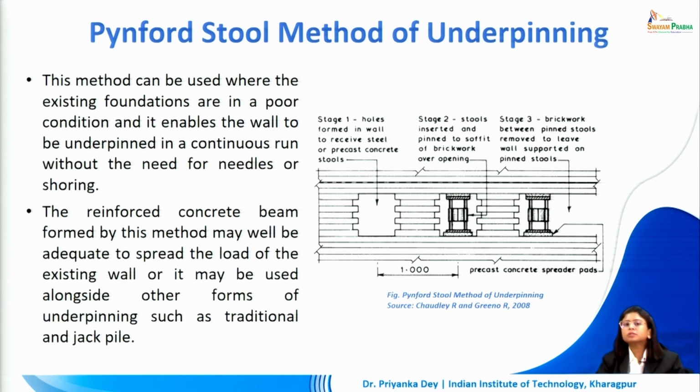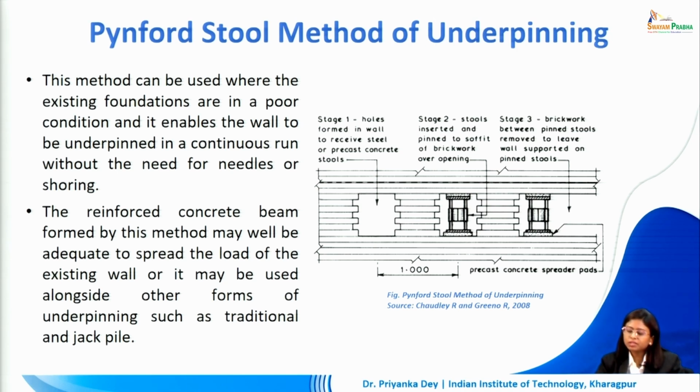The reinforced concrete beams formed by this method may well be adequate to spread the load of the existing wall, or it may be used alongside other forms of underpinning, such as a combination of the traditional and jack pile formation.